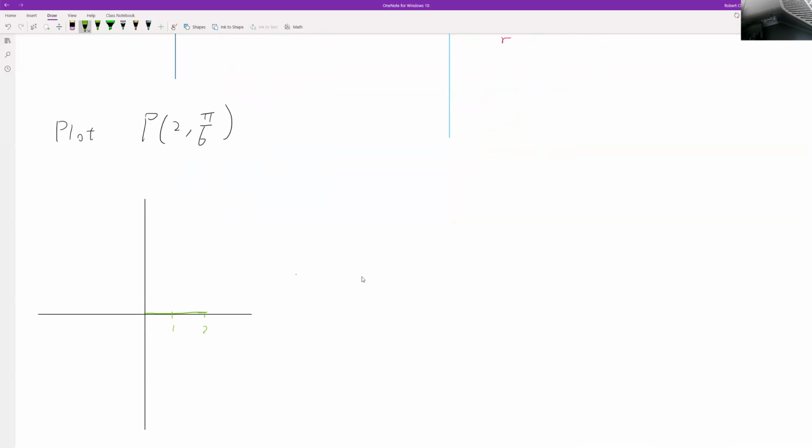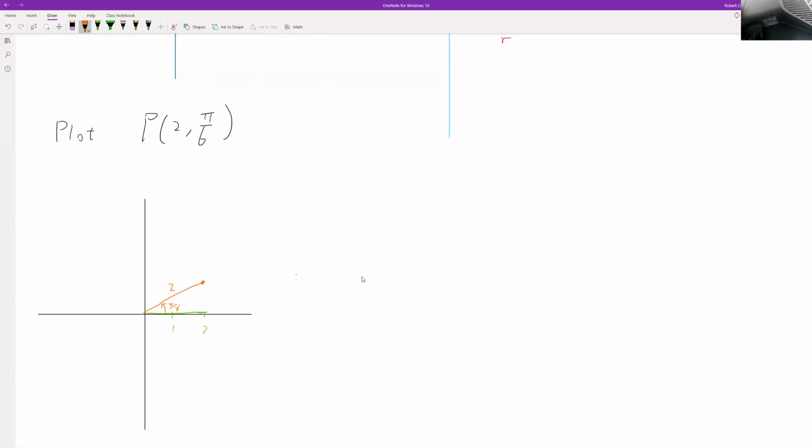So pi over 6, that's 30 degrees. I'm just going to give it a rough sketch like that. Oops, that's a little too much. Let's say it like that. And then we will get this new line. And this new line will have the same length, which is 2, but it's now rotated by pi over 6.